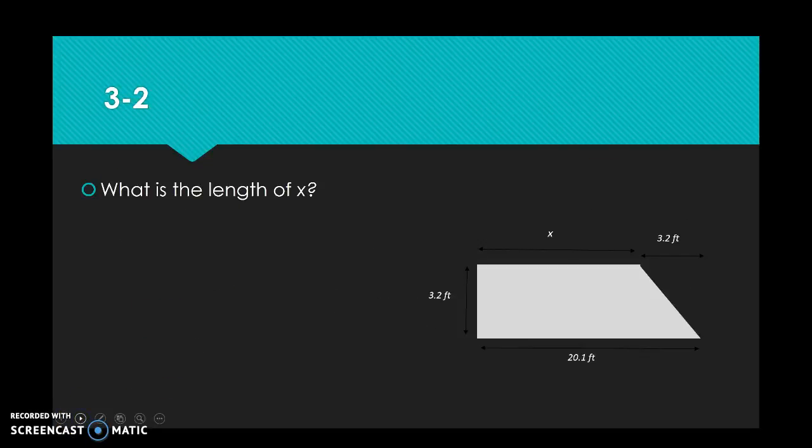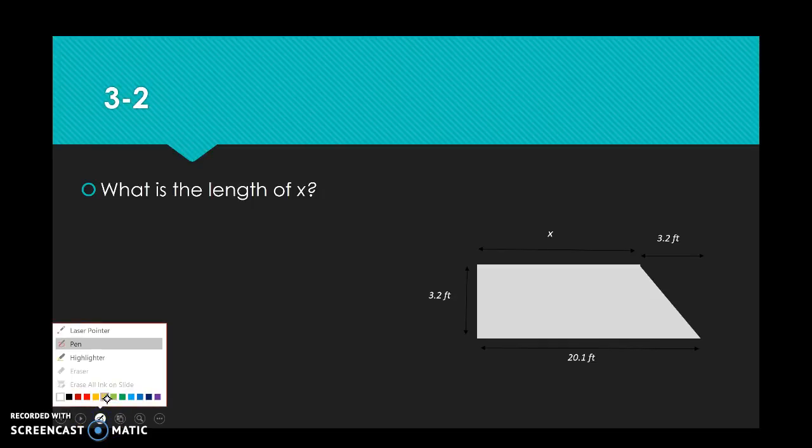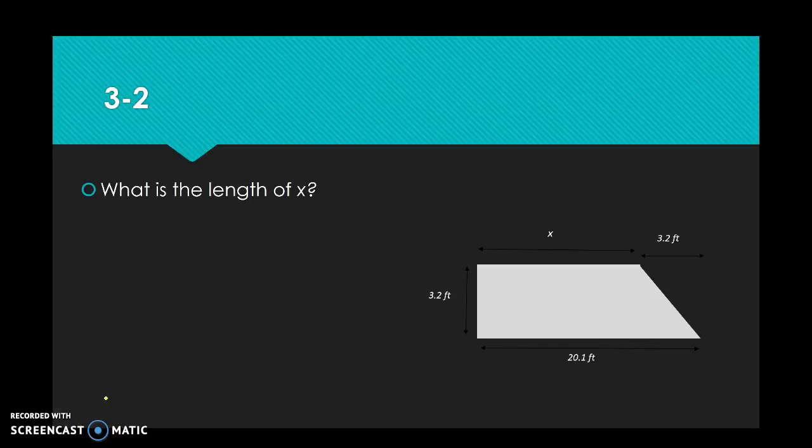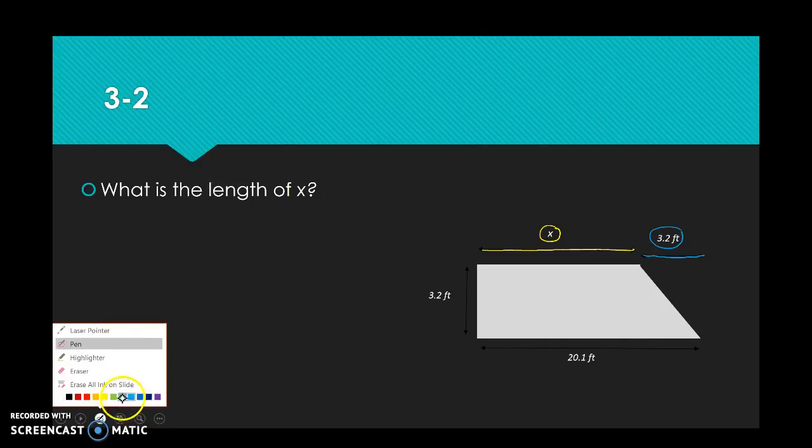So number 2 says, what is the length of X? So first of all, I see that X over here is what I'm looking for. And I know that X plus this portion, which is 3.2, equals, looks like this other side, right?